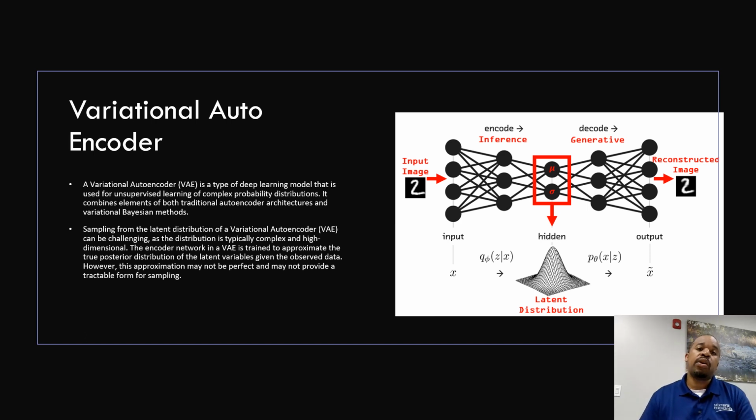In the variational autoencoder, the latent distribution is typically assumed to be a Gaussian distribution. And the decoder network is trained to map the samples from the Gaussian distribution back to the original space. And I know what you're thinking, that a Gaussian distribution is relatively easy to sample from because it's typically normal.